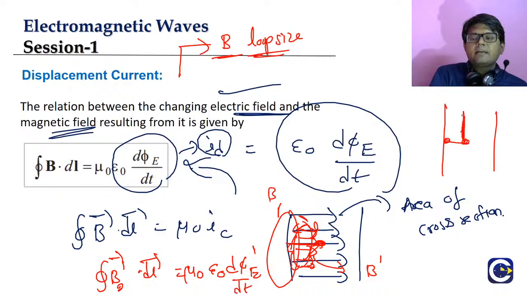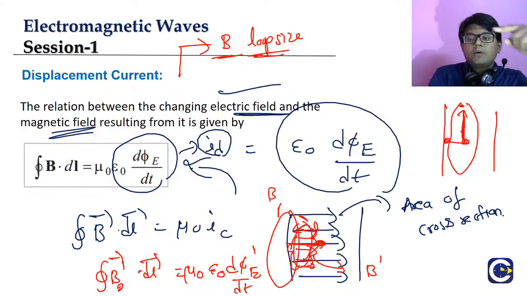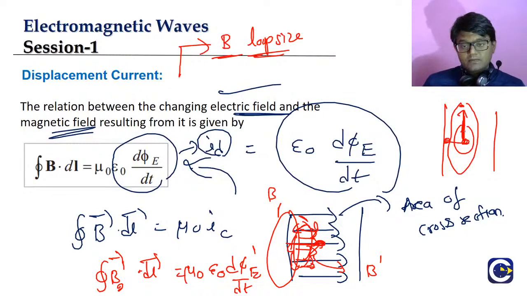How far you are from the center line, the magnetic field is going to depend on that, because when you are at the edge of the plate, your loop is going to cover the entire plate area. But if you take a smaller loop, the flux through the loop will be only a small value, so accordingly the B will be changing. So this is another thing that we need to keep in mind.